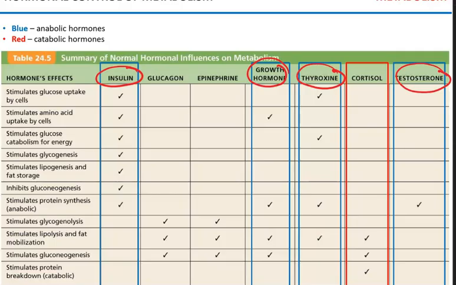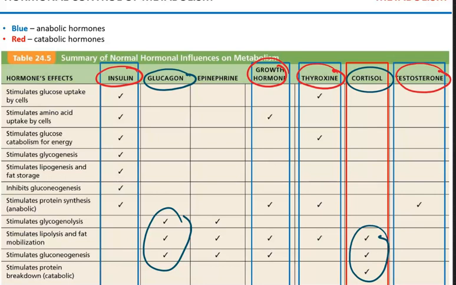Catabolic: glucagon, obviously, stimulates the breakdown of a lot of stuff. Cortisol. Okay? Does that make sense? So cortisol.